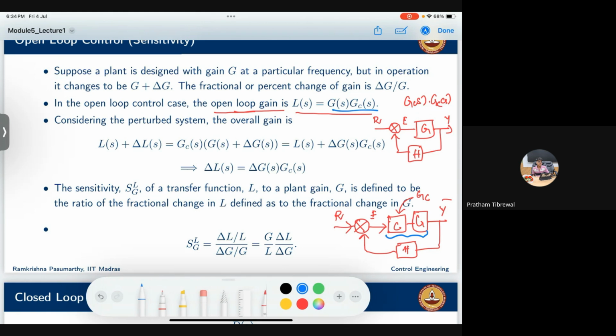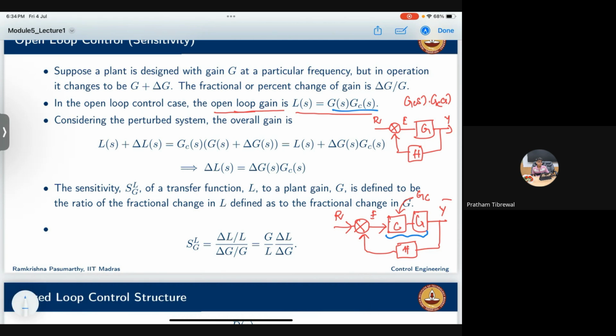If I write a transfer function or the mathematical explanation of the system, I would write it in this manner. Here we are considering a perturbed system with the overall gain. L is this, and if we perturb the system, the gain would change, which we call delta G. This will become G into GC plus delta G into GC.